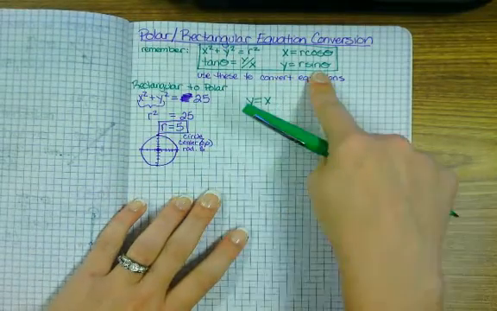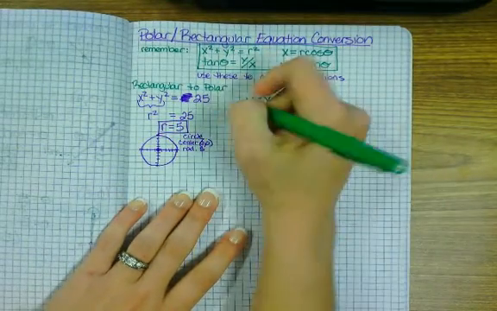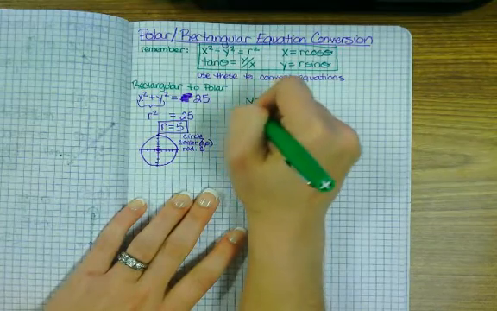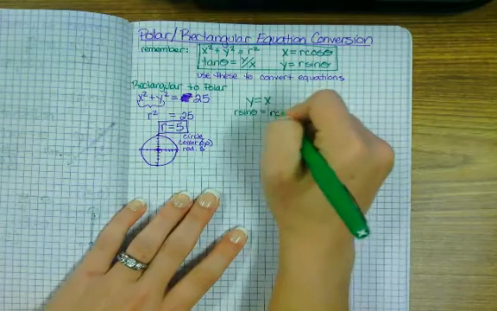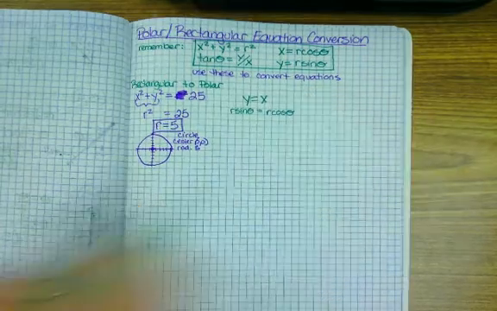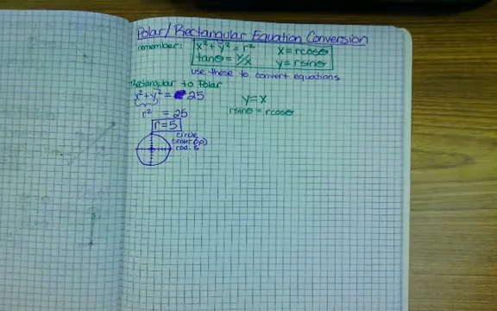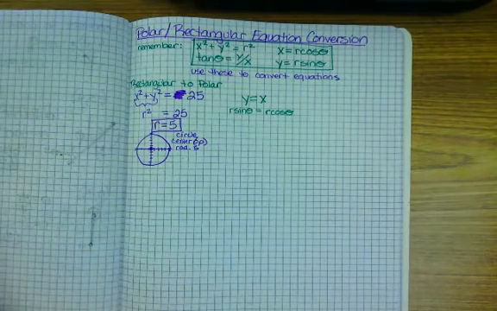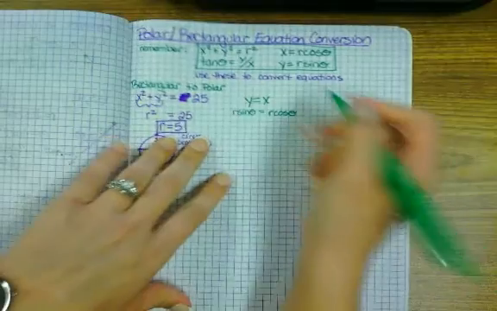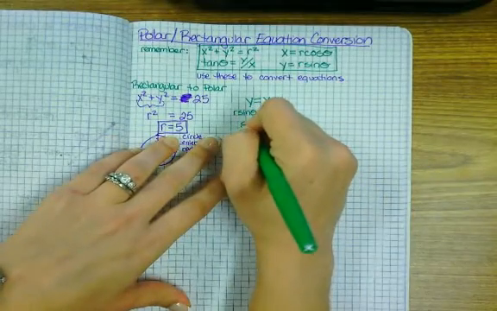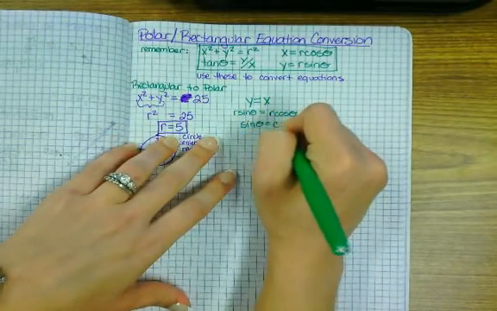Y is r sine theta. So I'm going to put r sine theta over here. And x is r cosine theta. So saying y equals x is exactly the same thing as saying r sine theta equals r cosine theta, right? If I divided the r off of both sides, sine theta equals cosine theta.